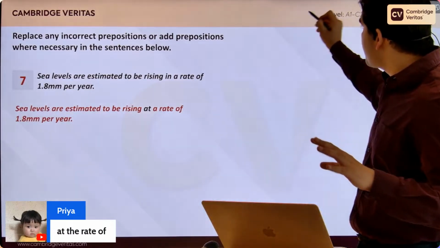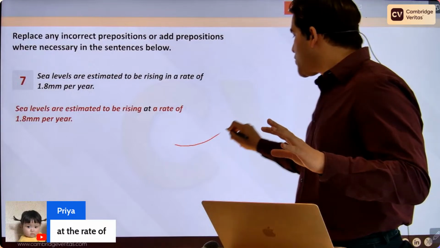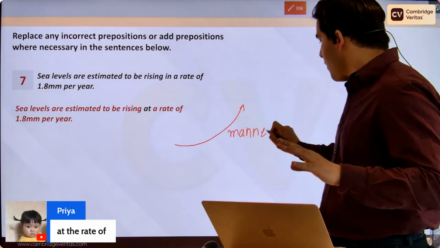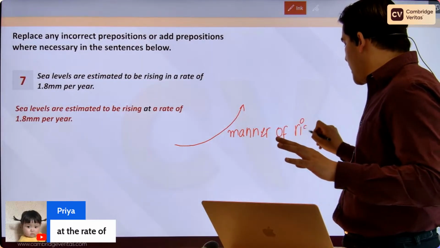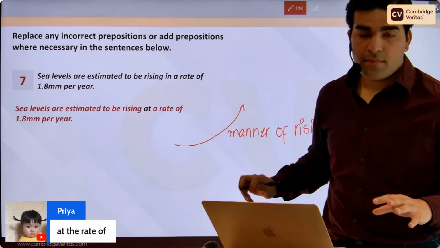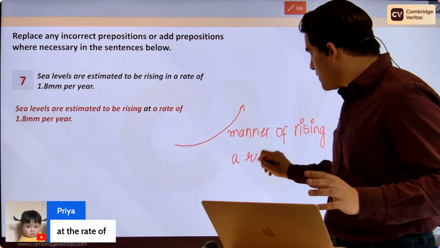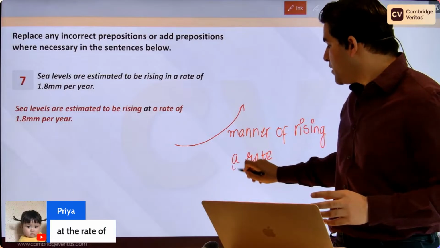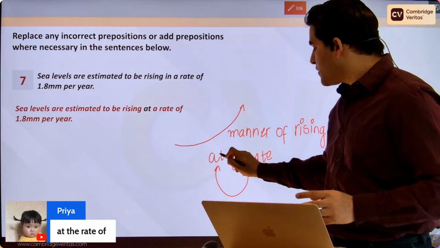So have a look here. Whenever you're talking about manner of rising, when something's rising, and the right vocabulary that you're using for is a rate. I repeat, a rate. Remember, before this, always, always, always we use at.